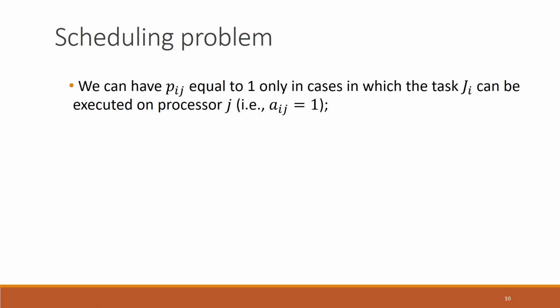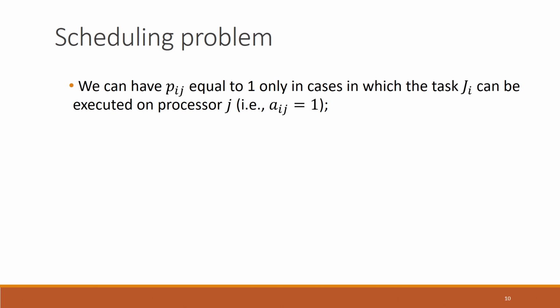And if you recall, we also have these parameters given to us represented by Aij, and they provide some restrictions on what tasks can be implemented on what processor. So, if it is given that Aij is equal to 0 for a task Ji and a processor j, then you cannot execute the task on that processor.